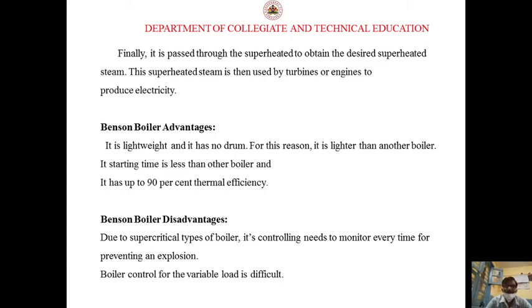So controlling the boiler is a little bit difficult, otherwise there is a chance of bursting or explosion in the boiler. Boiler control for variable load is a little bit difficult, so that's why we have to maintain it carefully to avoid explosion or bursting action.